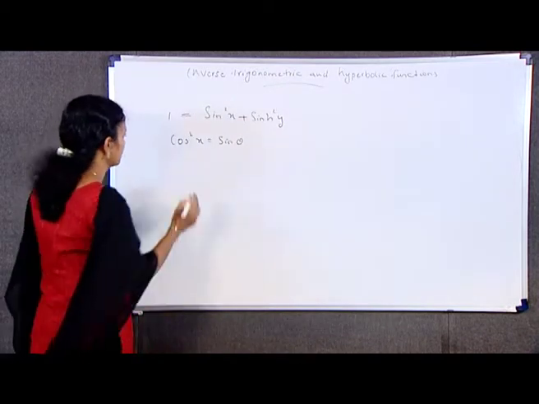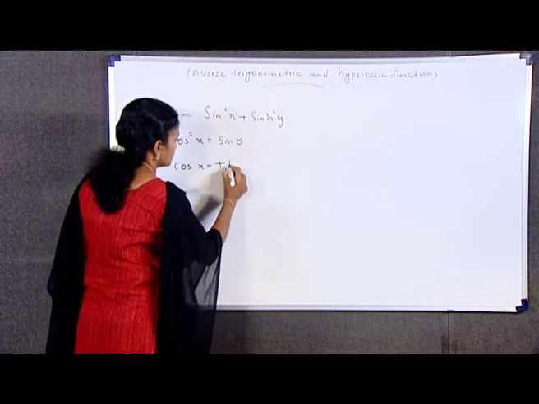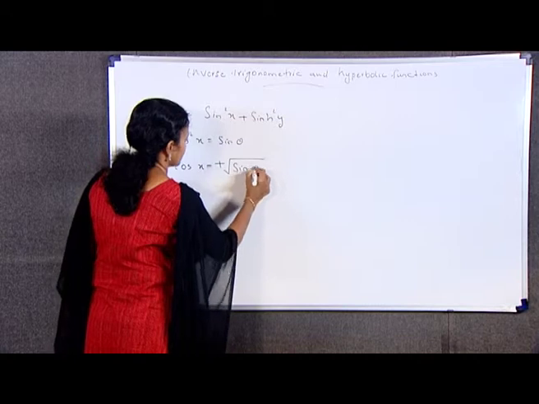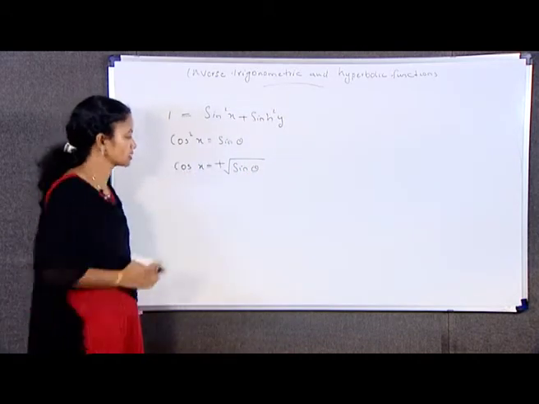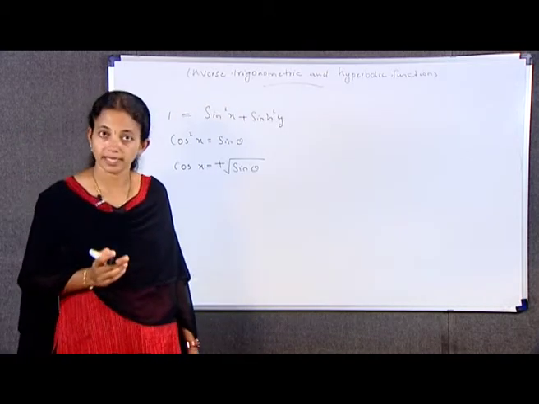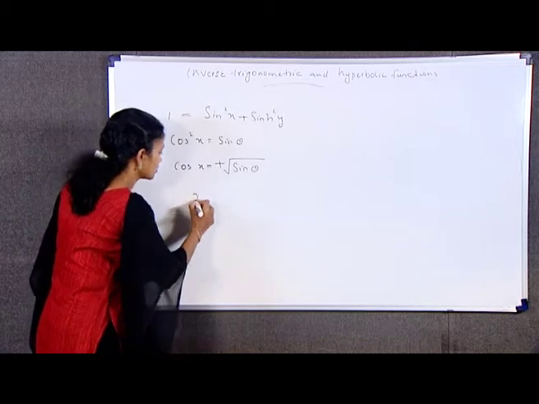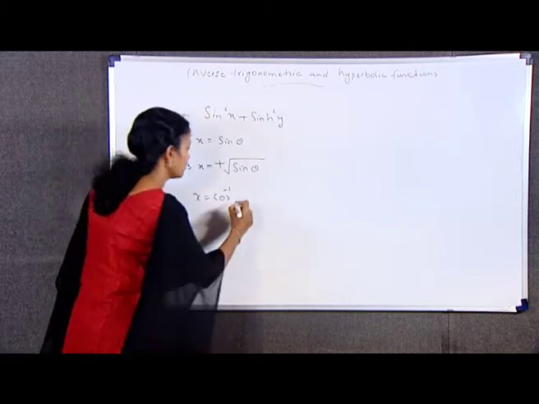Here we have cos square x is equal to sin theta, so cos x is equal to plus square root of sin theta. Hence, we can write x is equal to cos inverse of square root of sin theta.